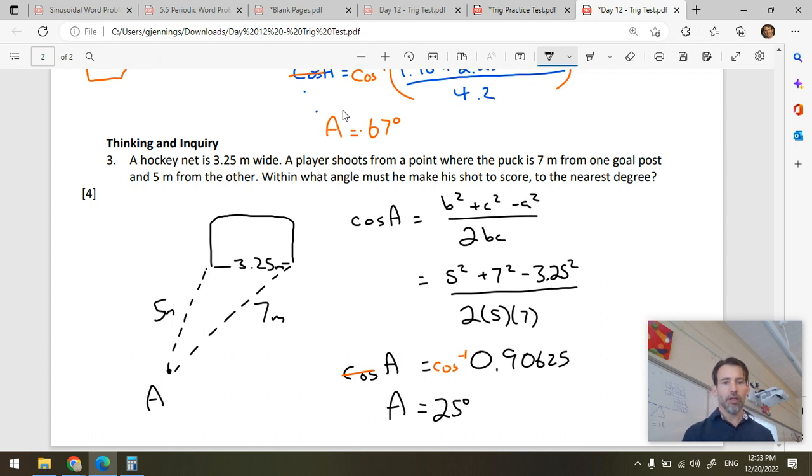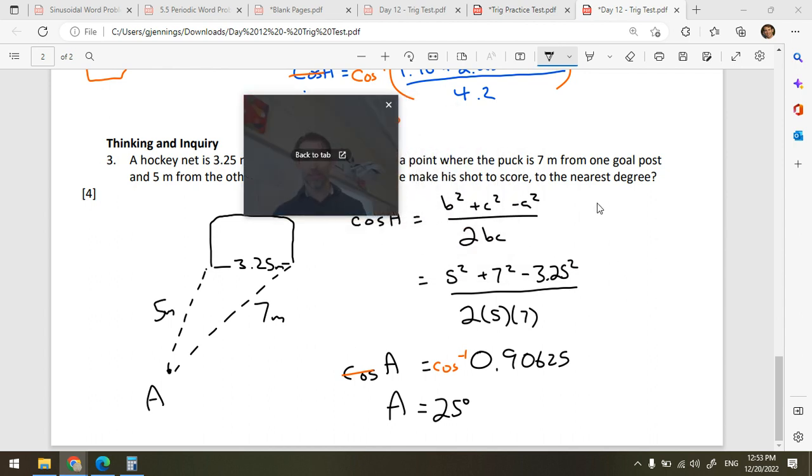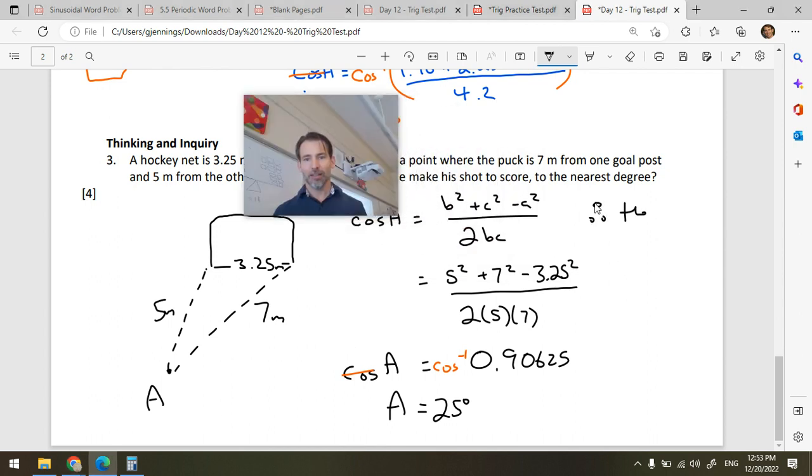So therefore, the player has 25 degrees to shoot through to shoot the puck and score a goal.